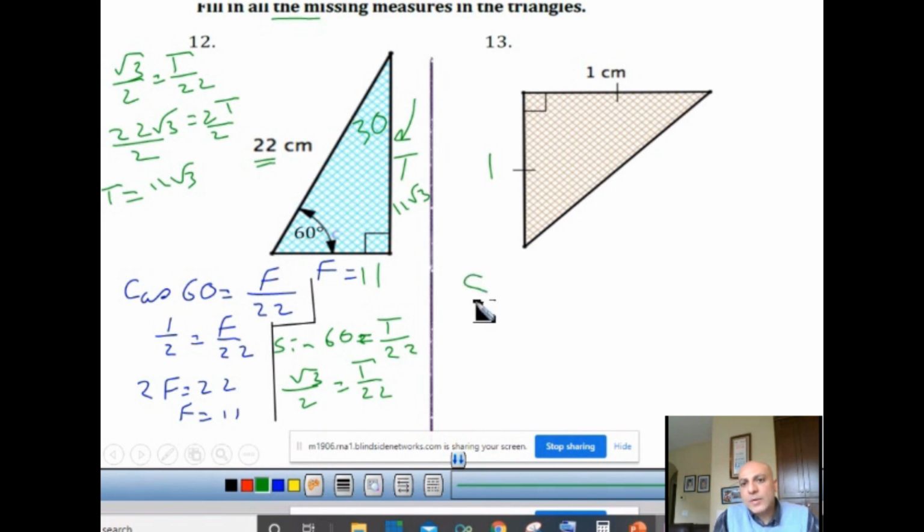Well, let's see. Let me use sine 45 equals, I'm going to pick this 45 here. This is 45.